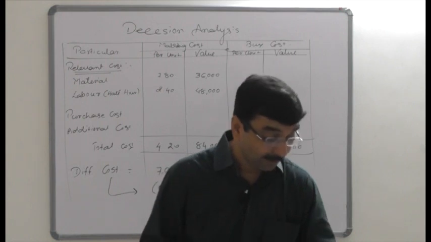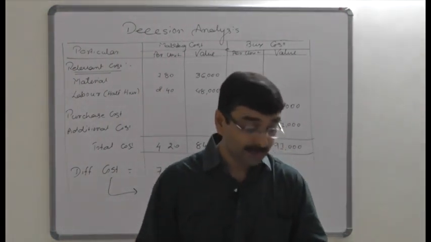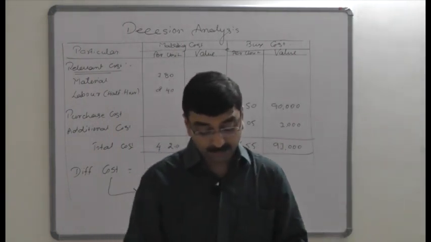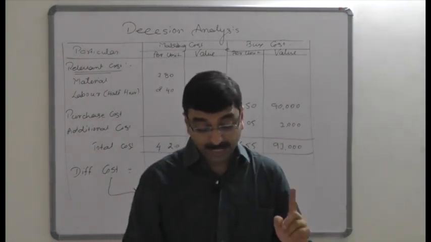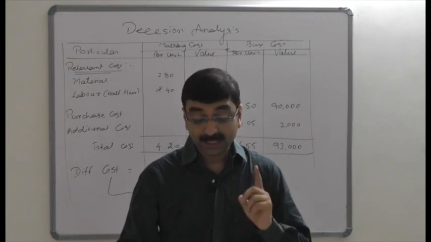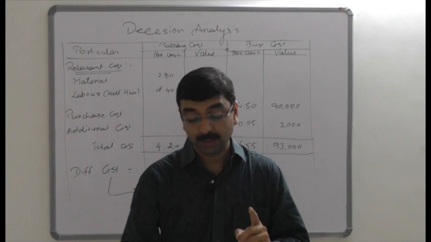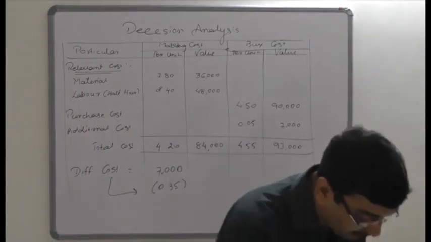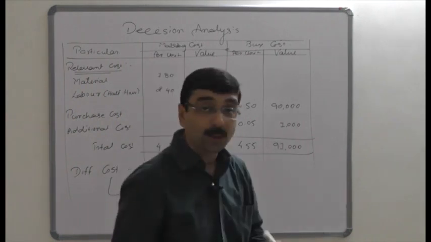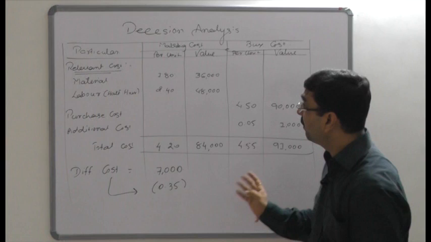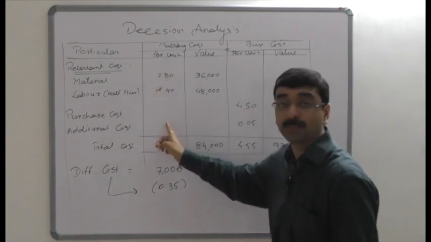Besides that, there are unfavorable volume variances, as mentioned in the question, of 16,000 rupees per month in the department. So how many working hours do we lose? Working hours are not actually lost, but will be used for manufacturing this part.